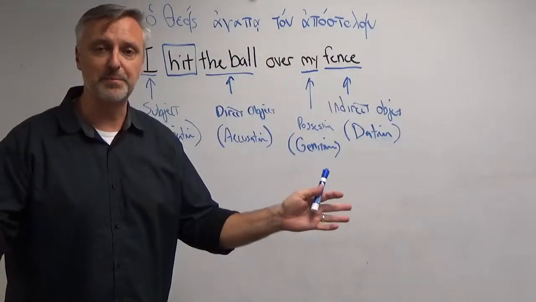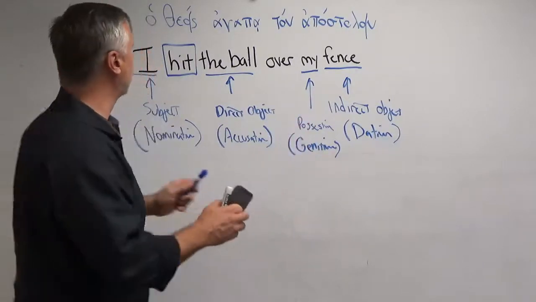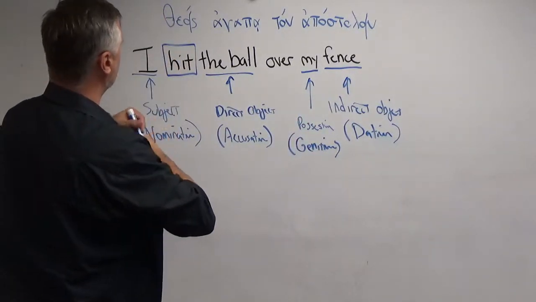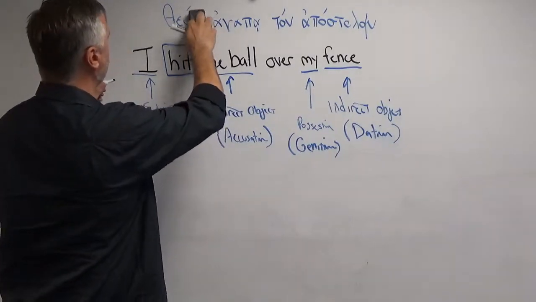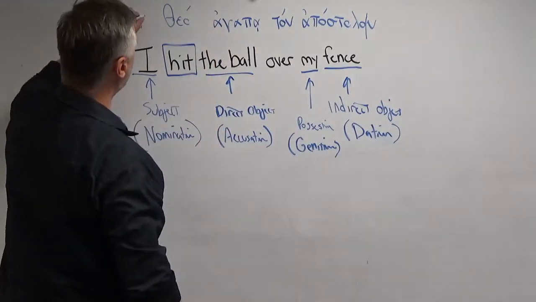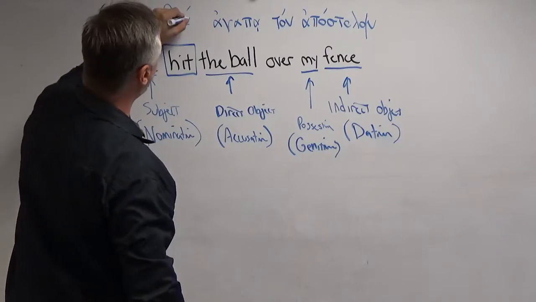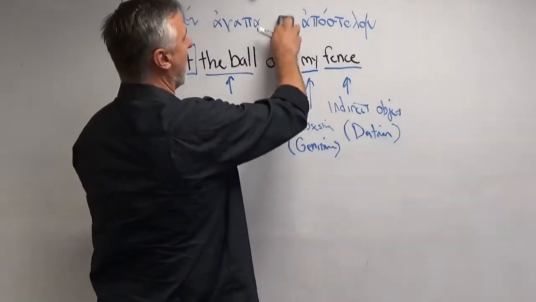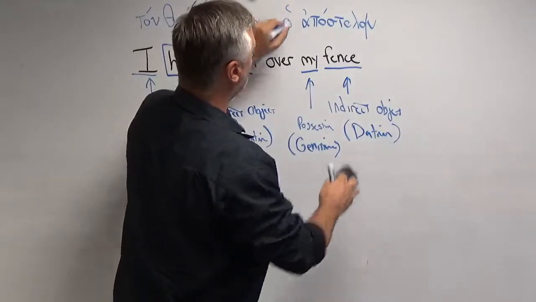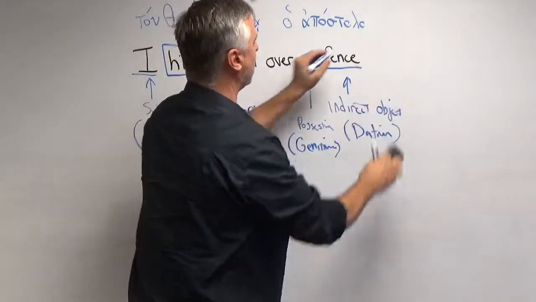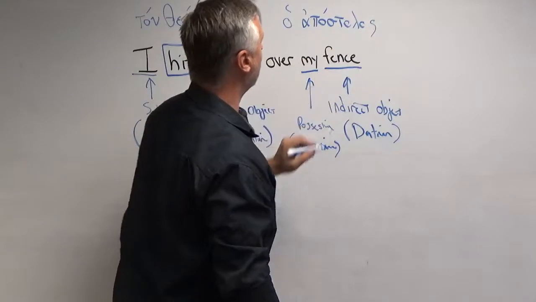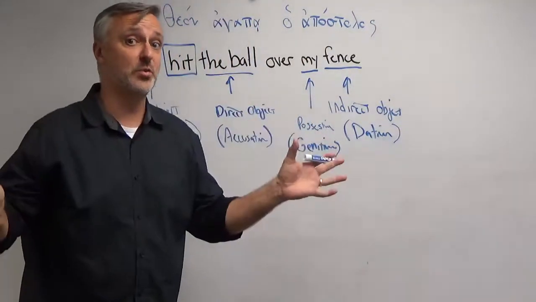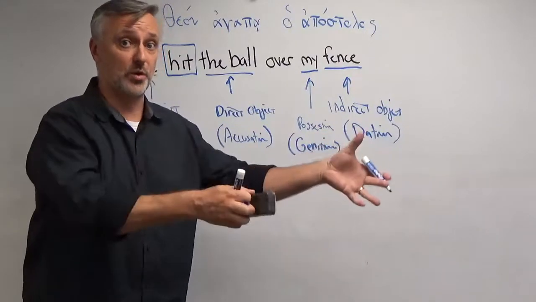Now, let's make a simple change. We're going to change the article on God, and we're going to change the ending. We're going to say ton theon, and then over here we're going to change the article to a nominative article, and change the ending here to the nominative ending. Word order aside, we just change the endings on the words.